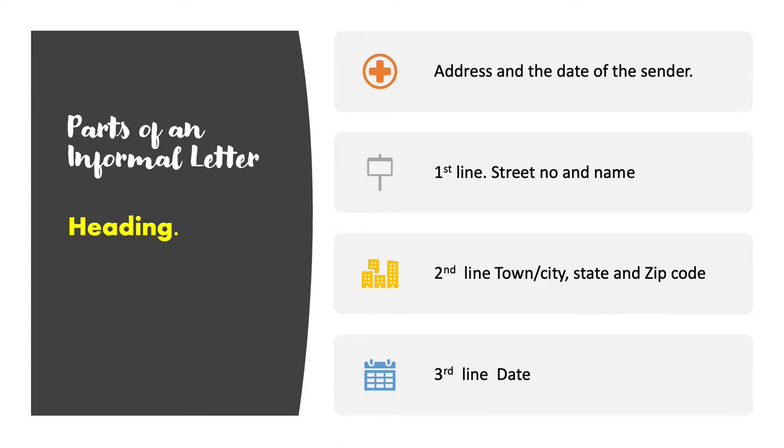Heading should consist of 3 lines on the top right hand corner. That is, on the first line, the address and the date of the sender. You need to start with the street number and the name. And then just below the first line, you need to write the town or city, state, and the zip code of where you live. And on the third line comes the date.